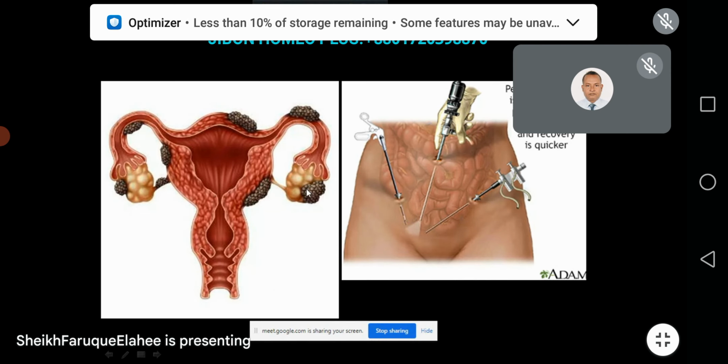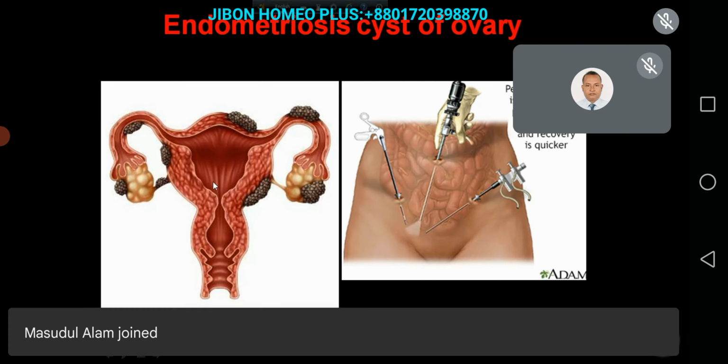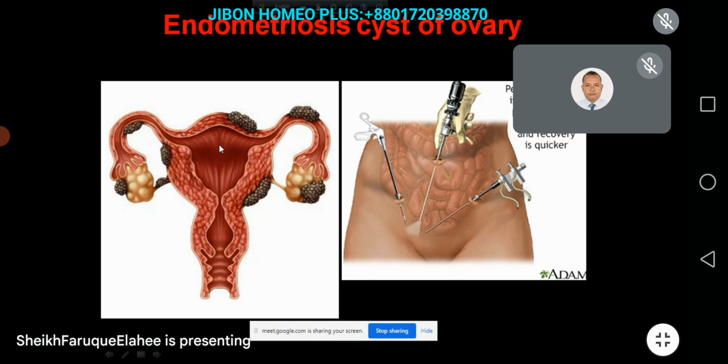So this lady will have primary infertility or secondary infertility. She will say, I cannot conceive a baby. What is the problem? The doctor did examination, he said, I have endometriosis. Endometriosis means endometrial epithelium, which should be only in the uterus, is also present in the ovary.